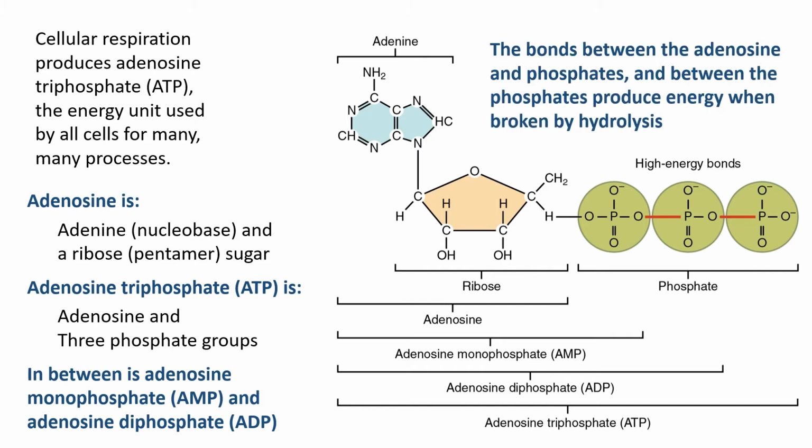So the bonds between adenosine and the phosphates and between the phosphates themselves produce energy when they're broken by hydrolysis. So it's nothing to do with the phosphates themselves. They're just something that is bound through this high energy bond. It's the breaking of the bond that gives the energy.